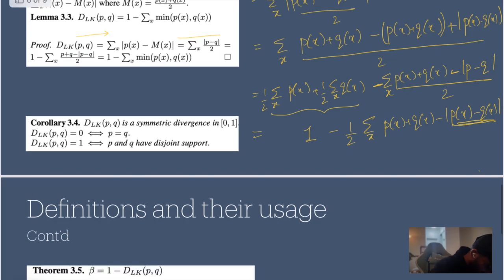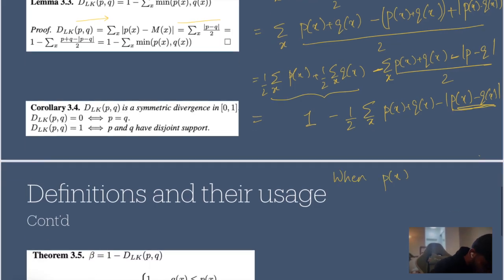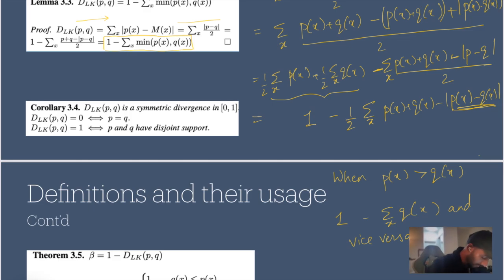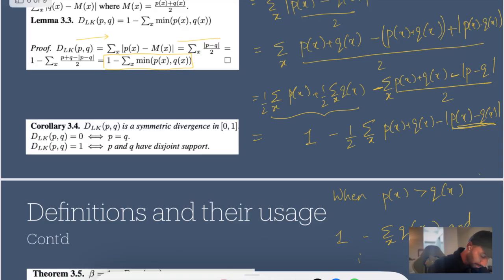So when P(x) is greater than Q(x), we have 1 minus sigma x Q(x), and vice versa. And you can simply rewrite this like this. Okay, so we have seen why lemma 3.3 is true.